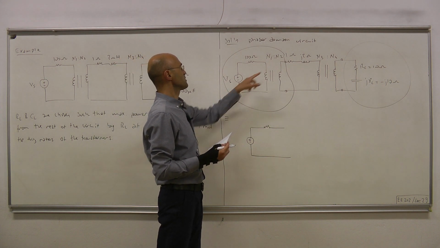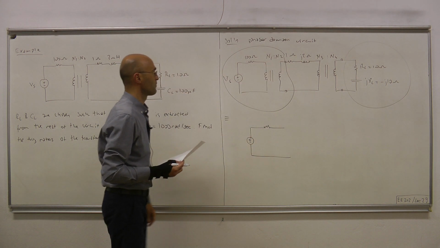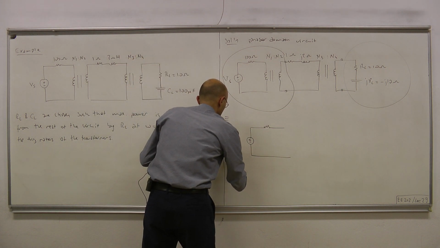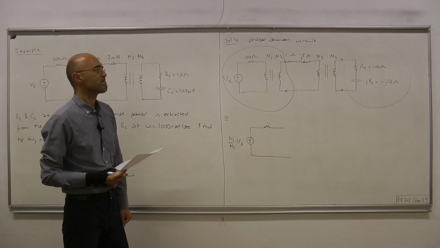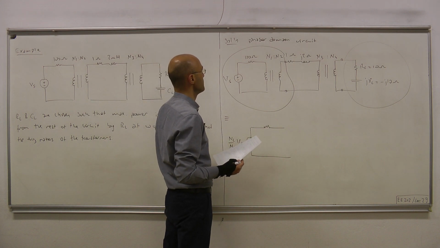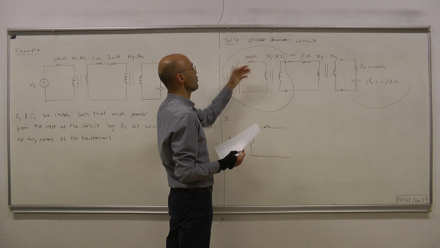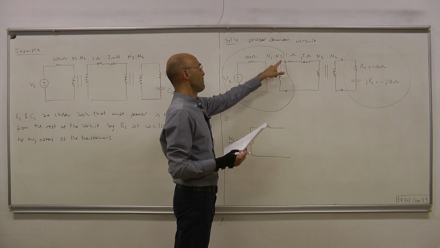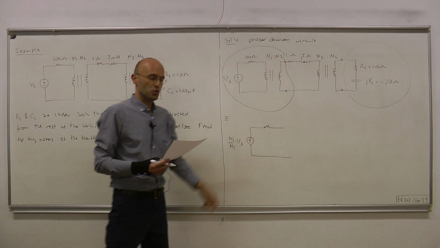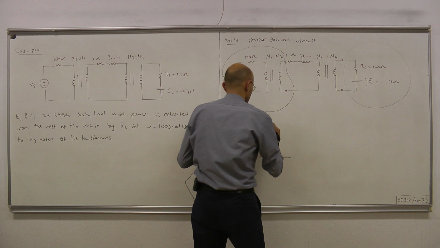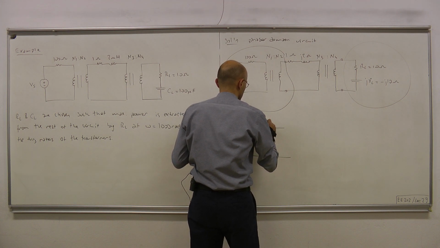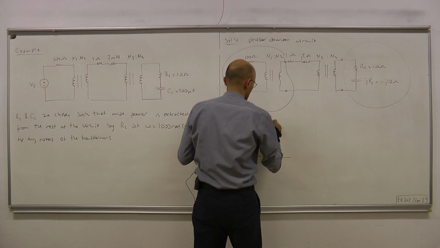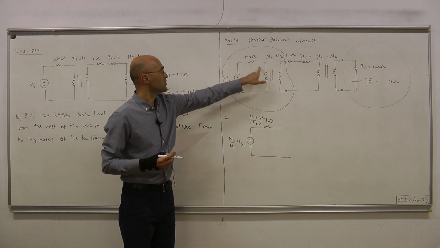It's simply Vs scaled according to this ratio, so we have N2 over N1 Vs. To find the Thevenin impedance, kill the source, and then this 100 ohms is transferred to the other side by N2 over N1 squared. Hence we have N2 over N1 squared times 100 ohms for this resistor.